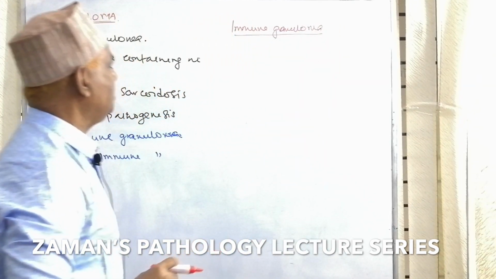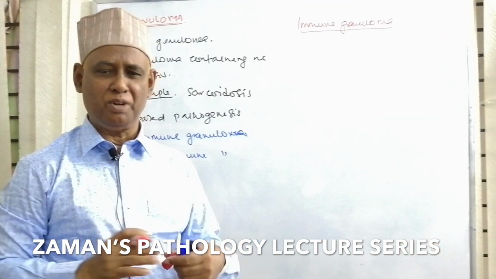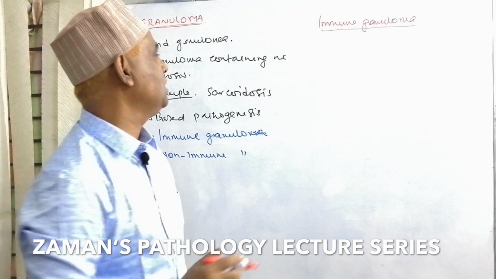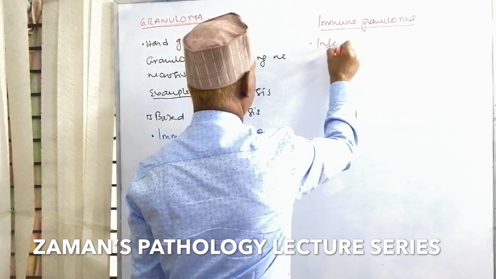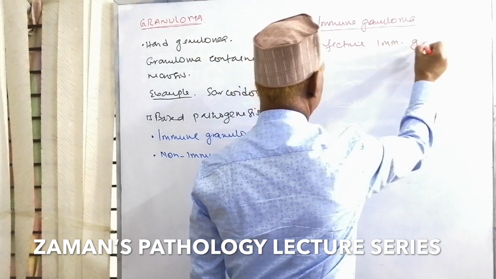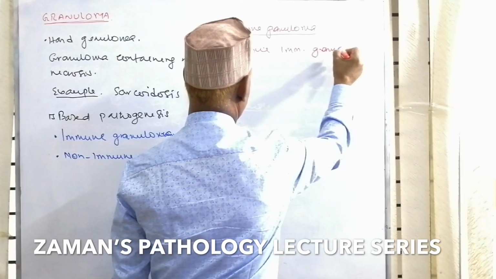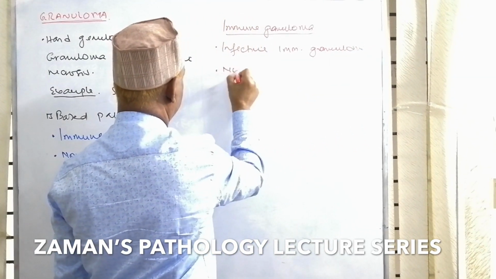Again I repeat, in immune granuloma, immune system is involved for the formation of granuloma. So immune granuloma may be infective and non-infective immune granuloma.